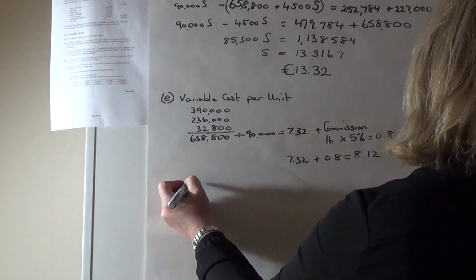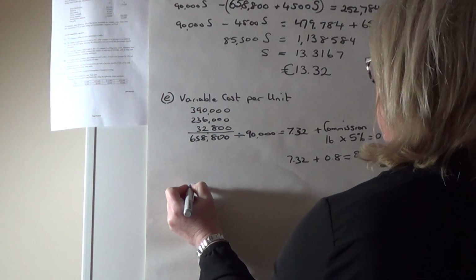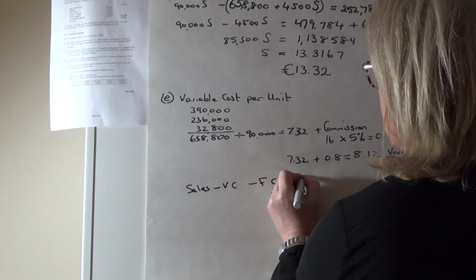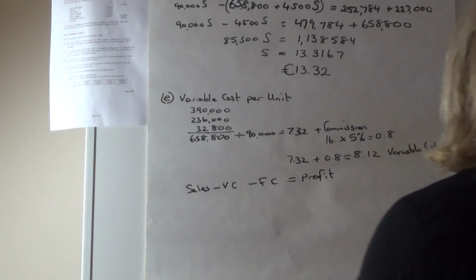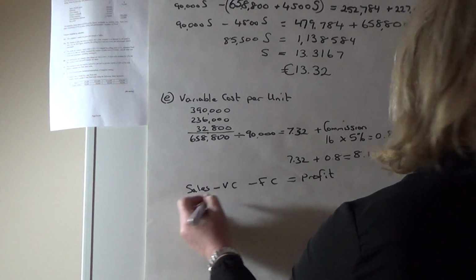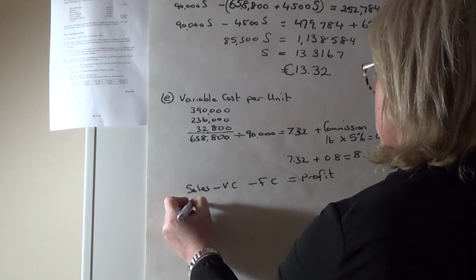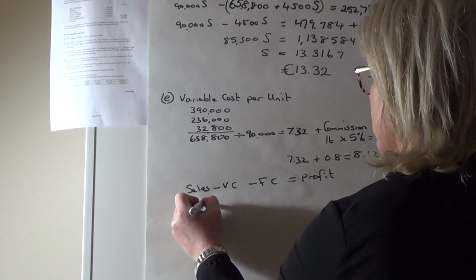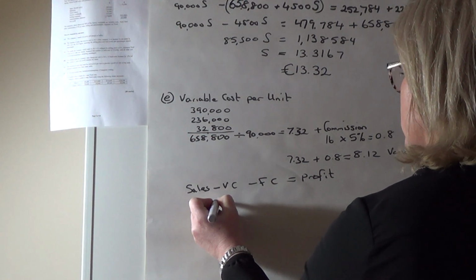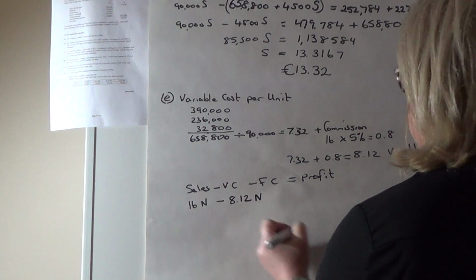So now I'm going to take my marginal costing statement, that formula there, and I'm going to fill in then what I know. So on the sales side, I know that I am selling at 16 euros per unit, but I just don't know the number of units. On the variable costs, I know that it is 8.12 per unit, and again I don't know the number of units.